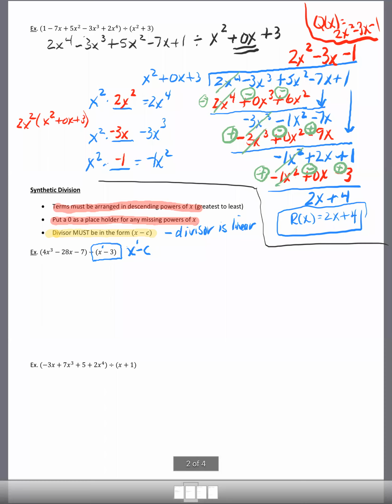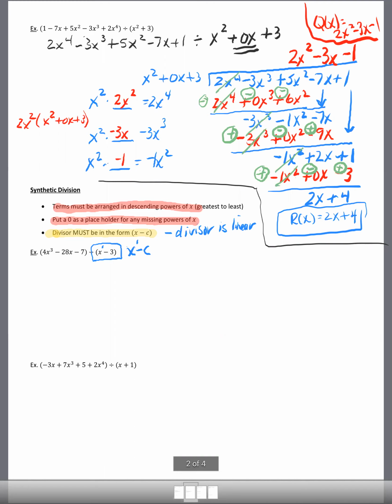There is one thing that we have to prepare here for synthetic division. Synthetic division reminds me a lot of matrices. Don't panic. What I mean by that is when we went to build the matrices, they just had numbers in them and no variables anymore. And so that's why we make sure that everybody's term is there. We also make sure that all the terms are in descending order in the dividend.